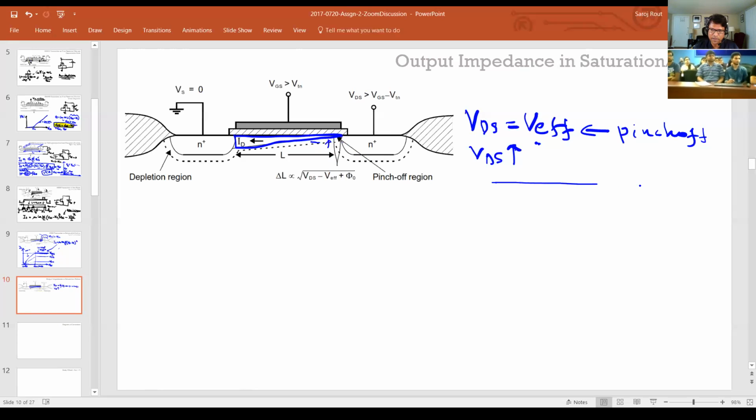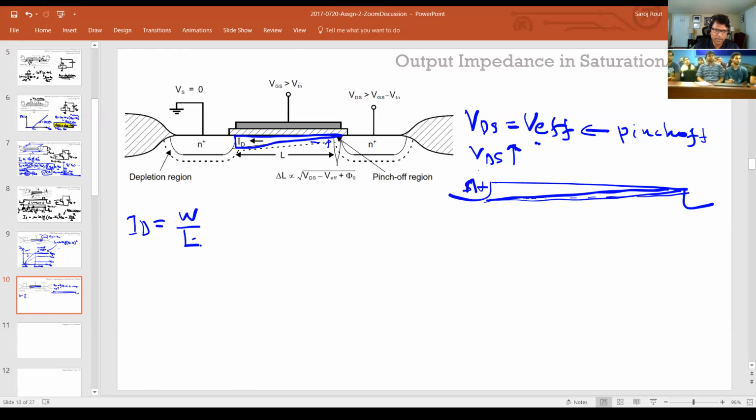So in other words, if this was your source and drain, let's say you first had this pinch off here. You increase the voltage, the pinch off will move, and it'll keep doing that. Now, the L which I showed in the current equation, ID equals some constant times W over L, right?